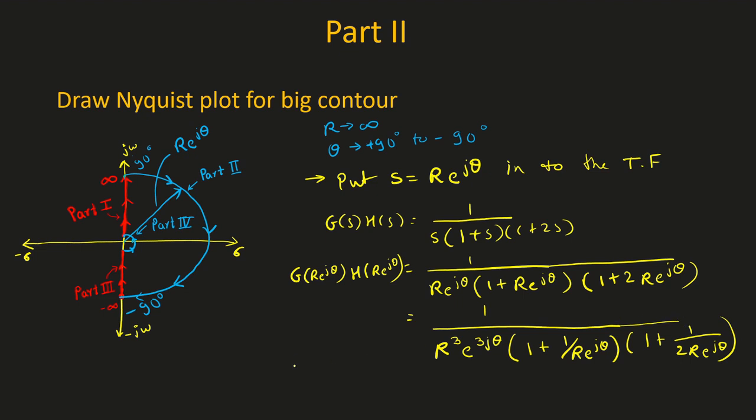Why we did it: because R is tending towards infinity, we need to put the limit R tends to infinity in this equation so that we get the entire graph for the same.